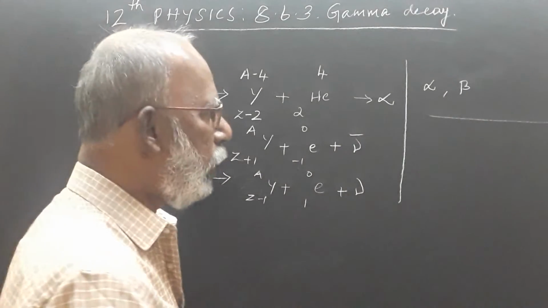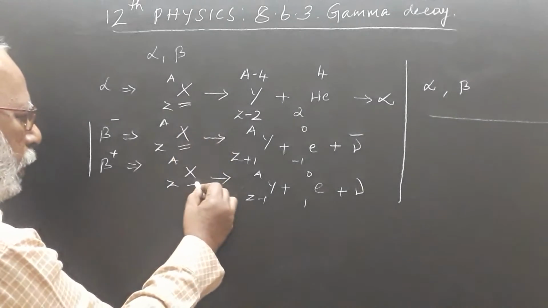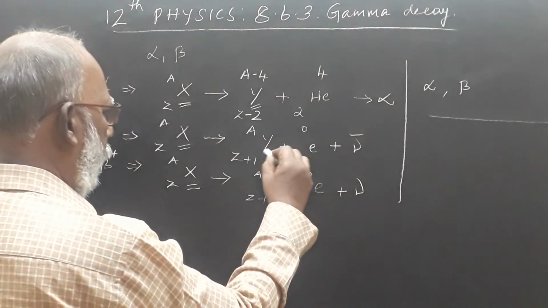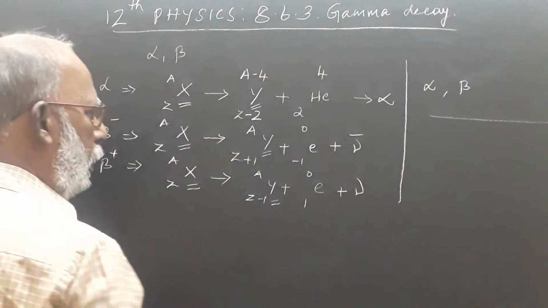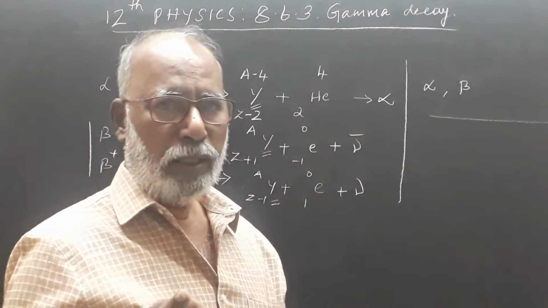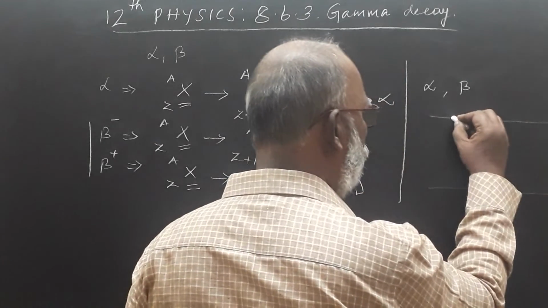Now, X is called parental atom, and Y is called daughter atom. The daughter atom is not in the ground state but in the excited state.